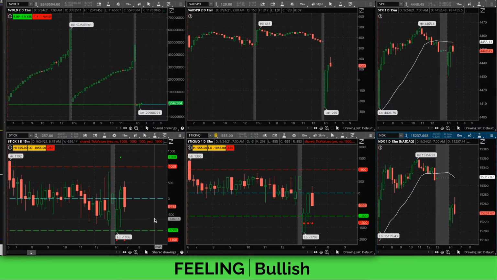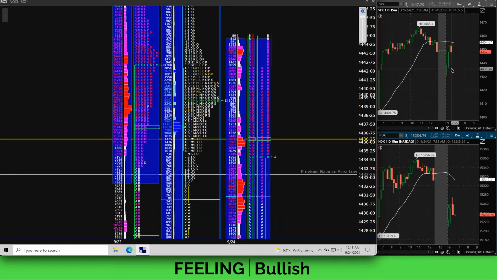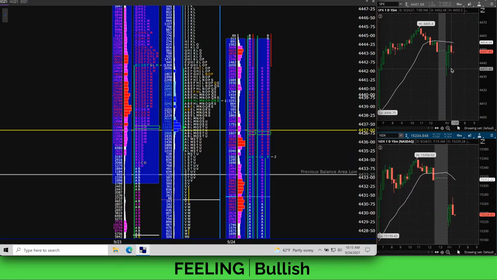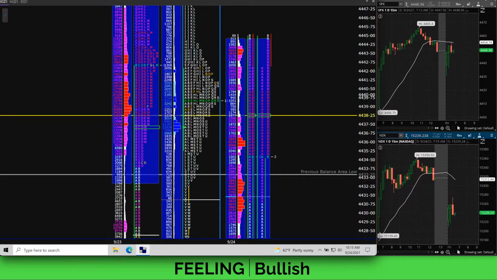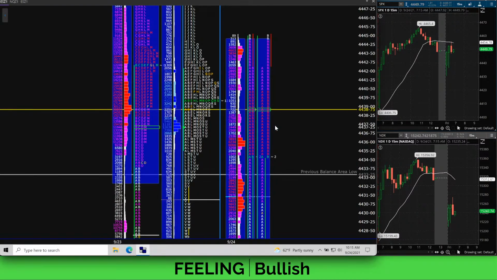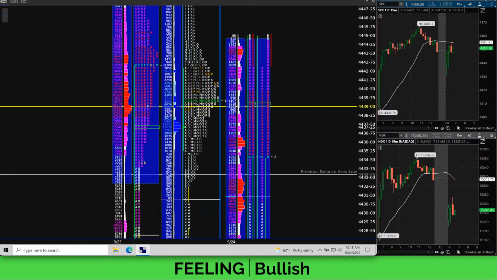So certainly not bearish in any way, unless they fail to get it back above the zero line. Oh, shit.